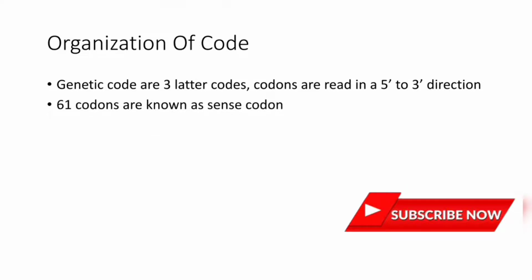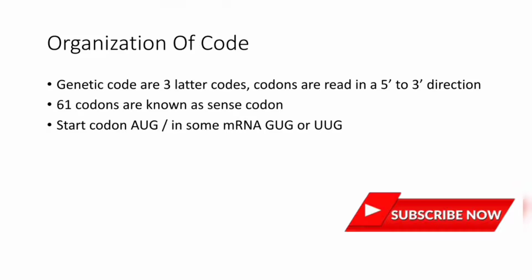The genetic code consists of 64 codons, where 61 are sense codons that code for 20 amino acids. The start codon is usually AUG, which specifies methionine. In some mRNA, GUG or UUG also act as a start codon.